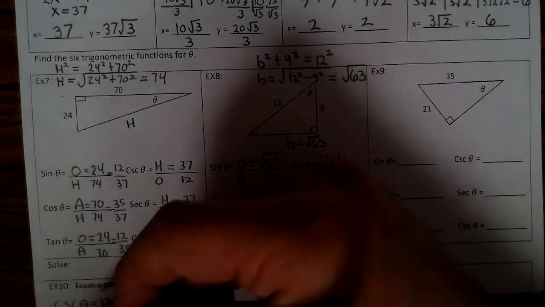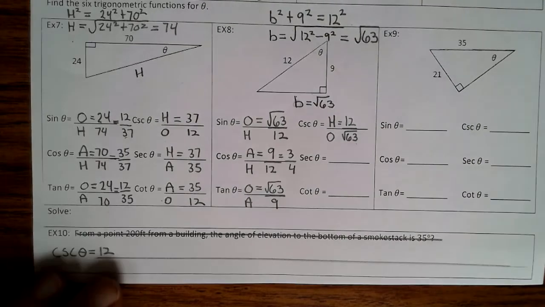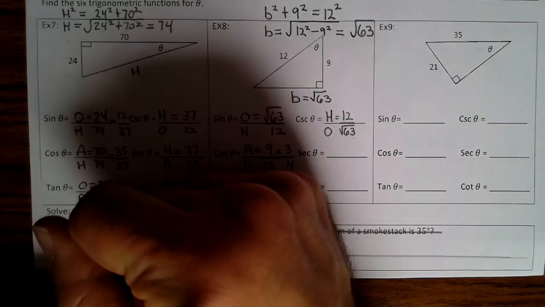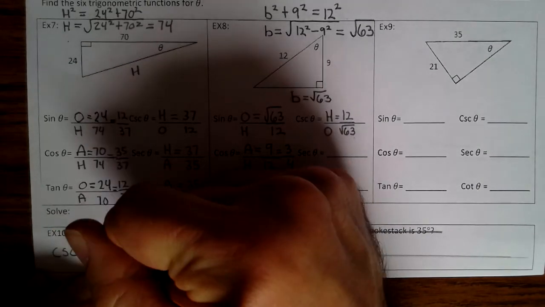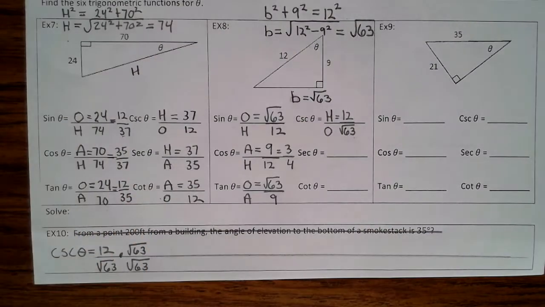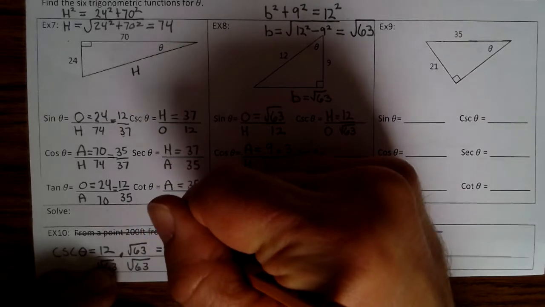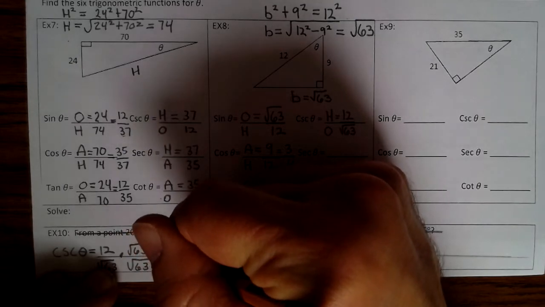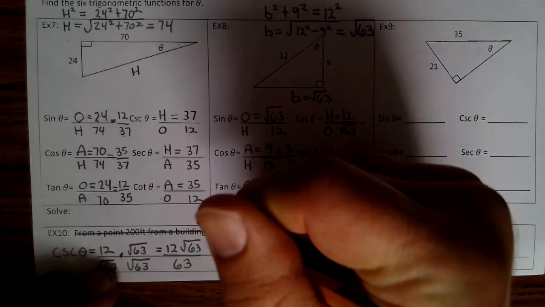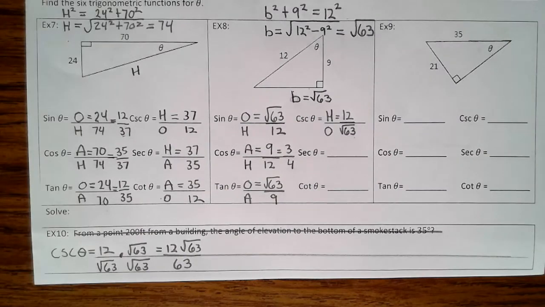So we need to multiply that by the square root of 63 over the square root of 63. So that equals 12 square root of 63 divided by 63, which reduces to 4 square root of 63 divided by 21.